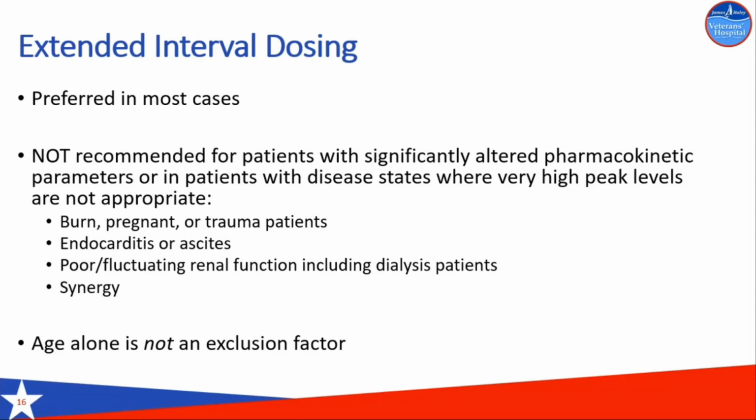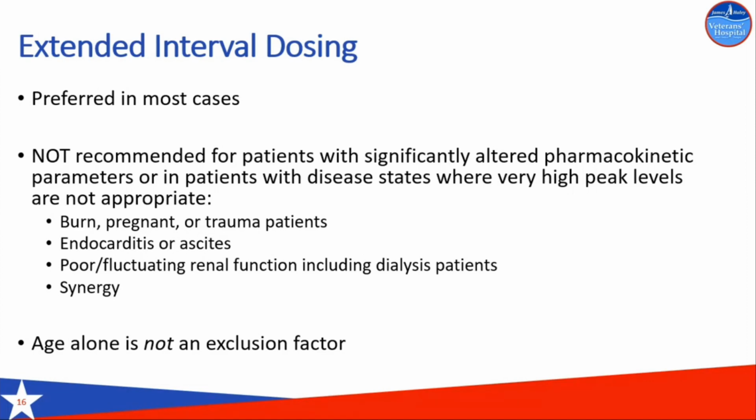An important thing to note is that age alone is not an exclusion factor. We know that's one of the unalterable factors that can predispose someone to aminoglycoside toxicity, but usually these medications are cleared within a day or so. So nomogram dosing is not a contraindication as long as they don't meet any of the criteria on the screen.